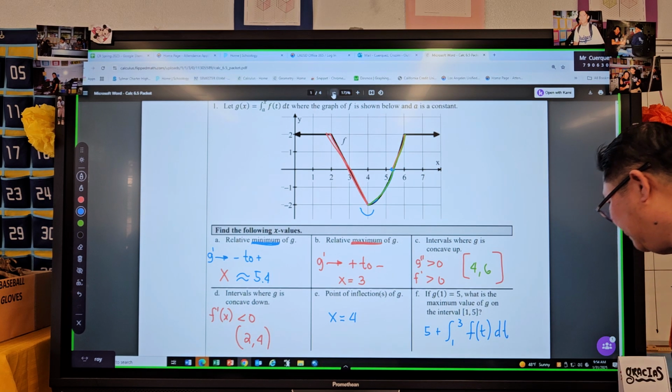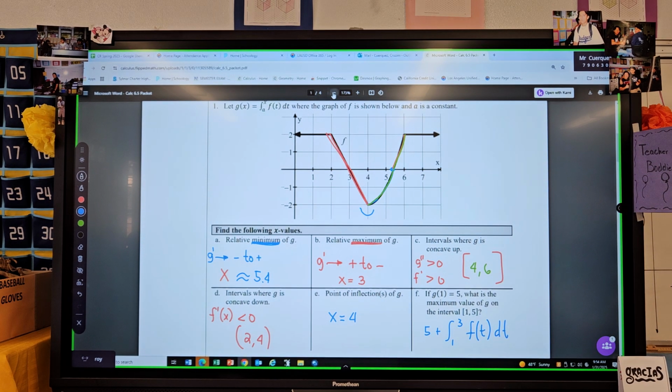This just got confusing. No, because then T is also X, so you plug in 3. Okay, it's gonna be 3 minus F, but from the interval 1 to 3. Can you look at the interval 1 to 3? What do you think is the area?